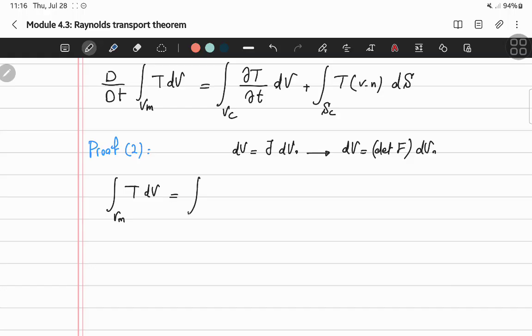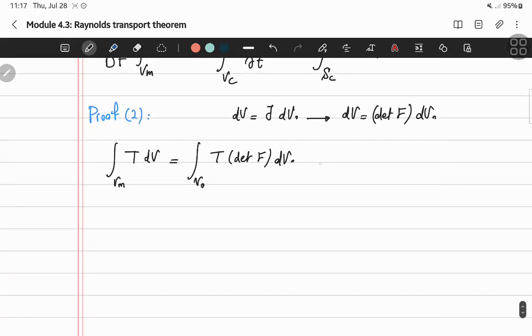If I multiply both sides by T, then I have T times the determinant of F dV0, integrated over V0.